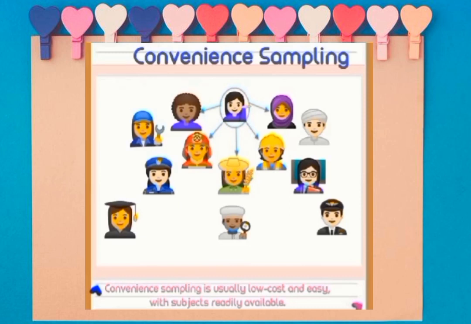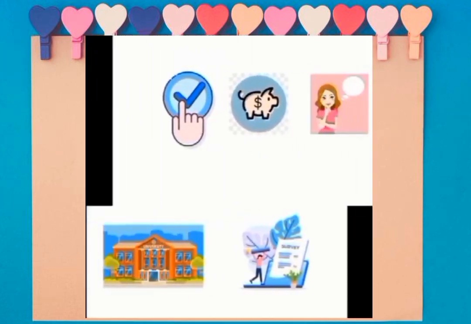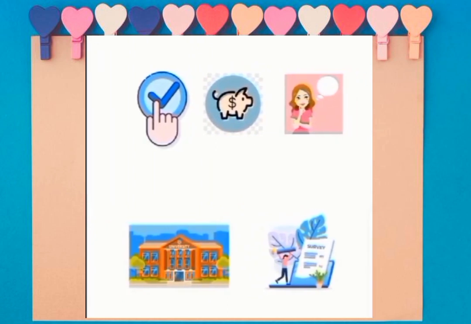For example, if you are working on a project and want to understand the average consumption of soda on your campus each week, most likely you would ask your fellow students to complete a survey regarding the topic. This is a convenient way to gather data, but since you only conduct a survey on students taking the same classes as you at the same level, the sample is not representative of all students at your university.